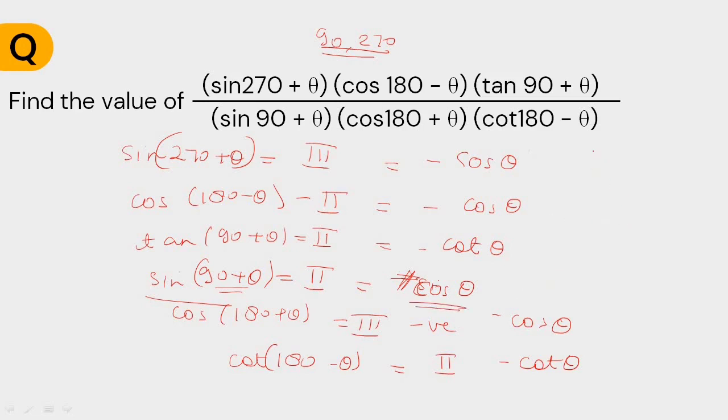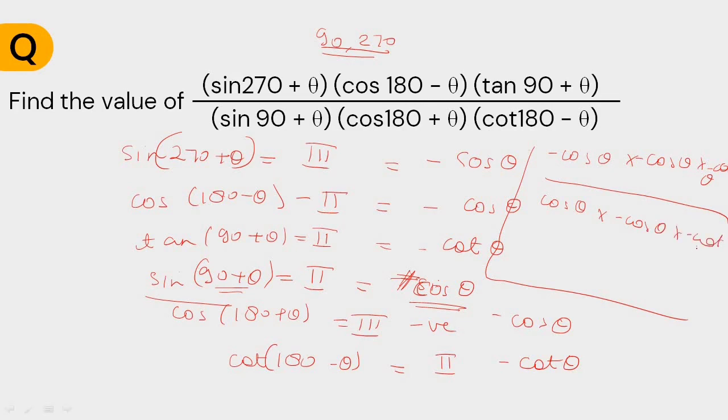So writing the values in the formula above, sine 270 plus theta is minus cos theta, into again minus cos theta, into minus cot theta, upon sine 90 plus theta which is cos theta, into minus cos theta, into minus cot theta.